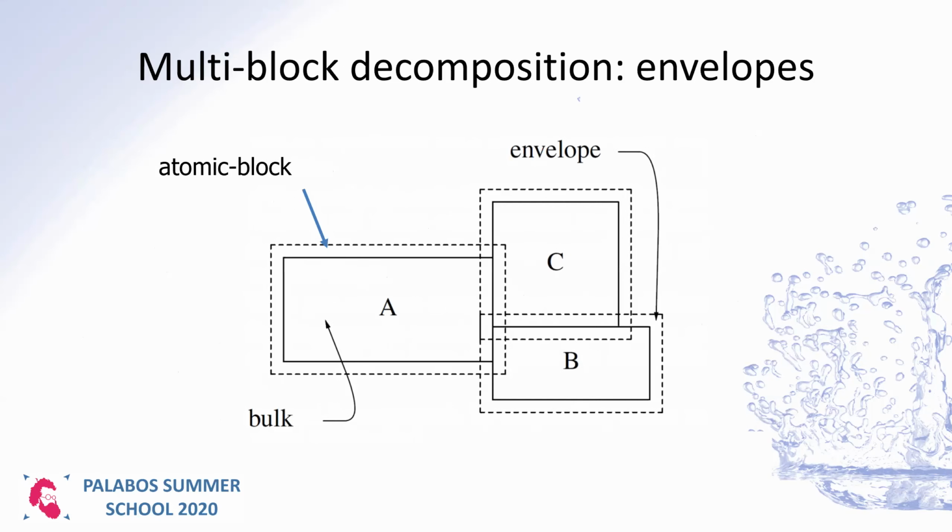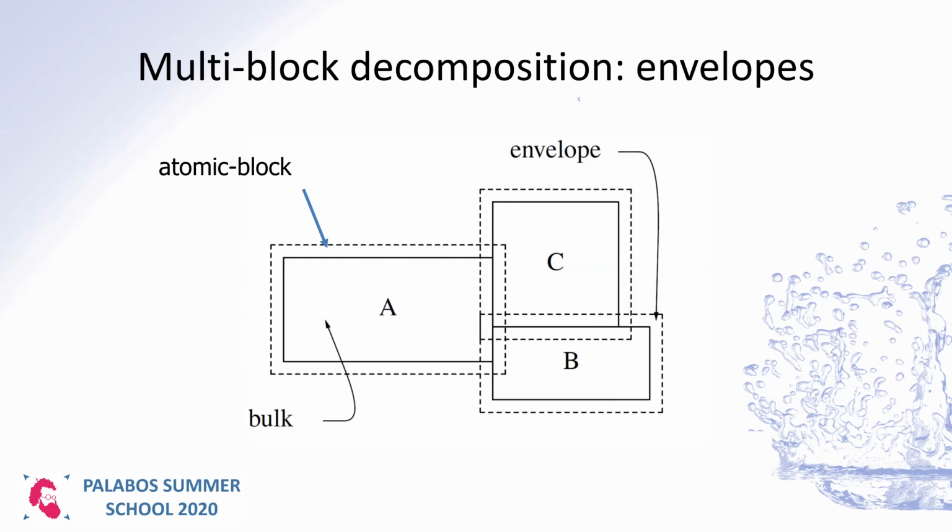You remember this decomposition of your domain into atomic blocks, and I showed you an example of how this decomposition could look like. So you have a domain, the full domain is our multi-block, which is in this example split into 3 blocks, the atomic blocks, which we call A, B, and C. So these blocks don't overlap, okay? They join to create the full domain of the multi-block.